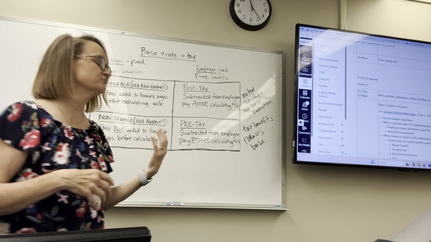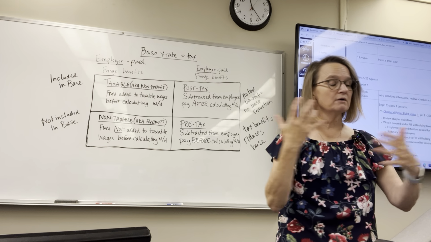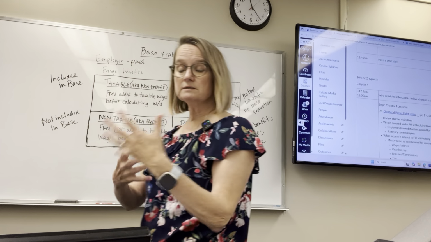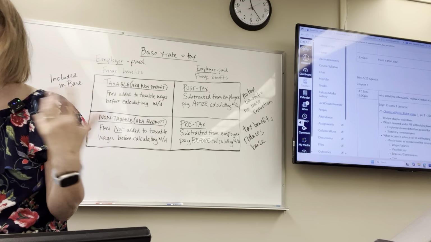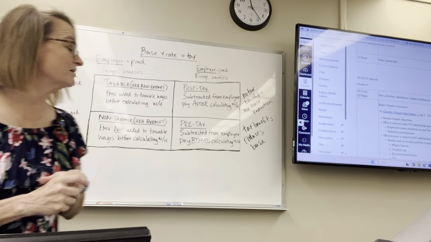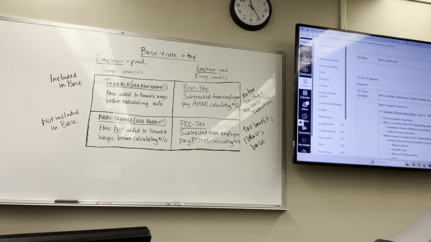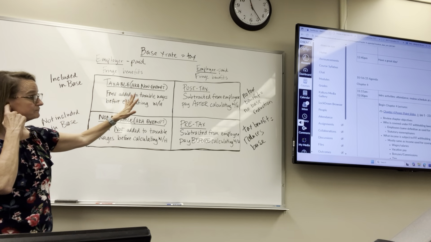And a lot of times these fringe benefits are used to try and attract certain types of employees, or maybe attract a higher caliber of employee. And the fringe benefits can get quite creative. But the particular types of fringe benefits, how they're treated for tax purposes, varies. Okay, and that's what we're going to go through here today.